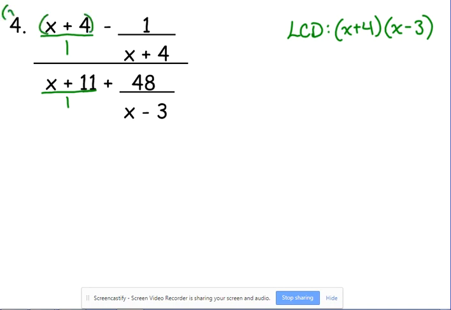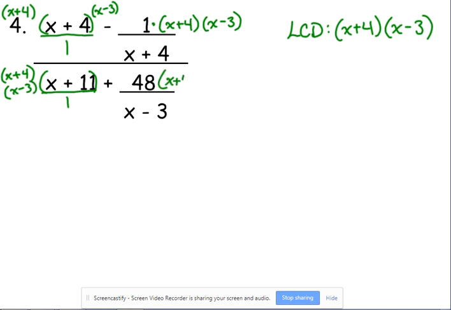So, x plus 4, x minus 3, in each place. Okay, so for the first one, nothing cancels.